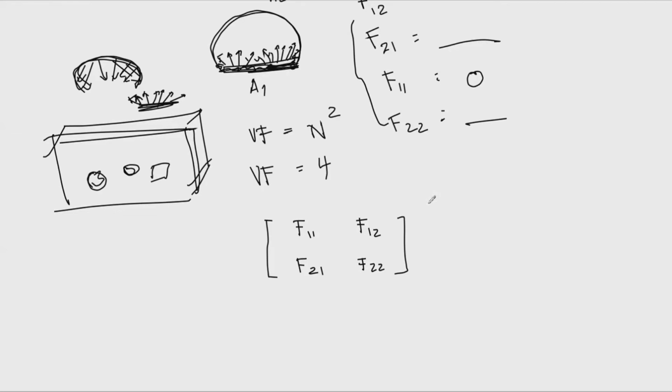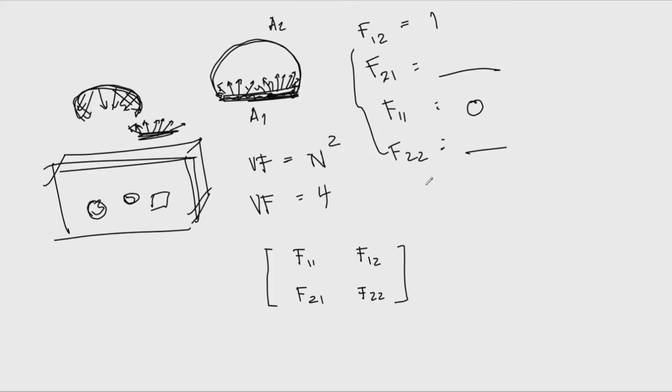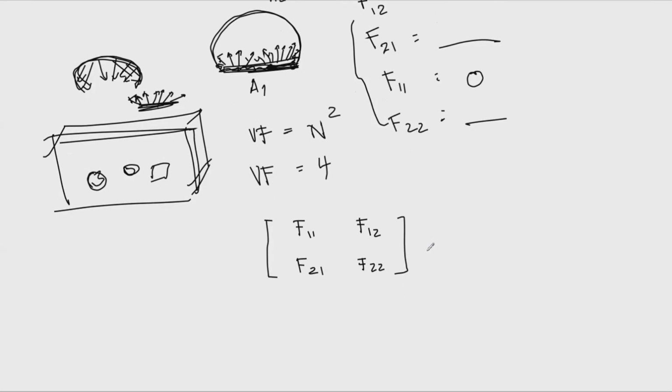And remember, in this matrix, F11 plus F12, which is just in one row, should be equal to 1, and then F21 plus F22, which is also in one row, is equal to 1.